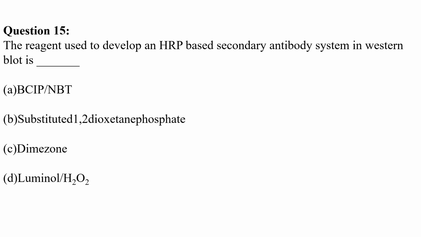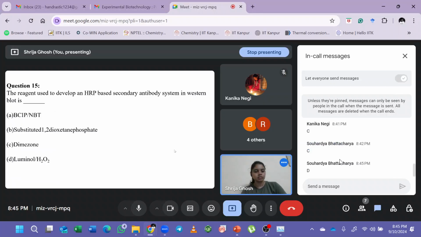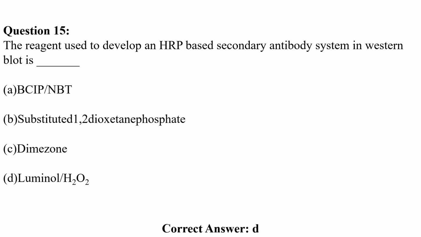The reagent that is used to develop an HRP based secondary antibody system in the Western blot is. Okay, we have Saudra answered luminol H2O2. Yes, that is the correct answer here. Luminol H2O2 is used to develop the HRP based secondary antibody.